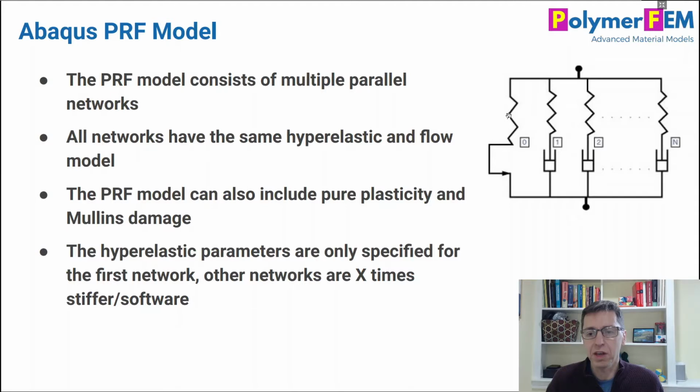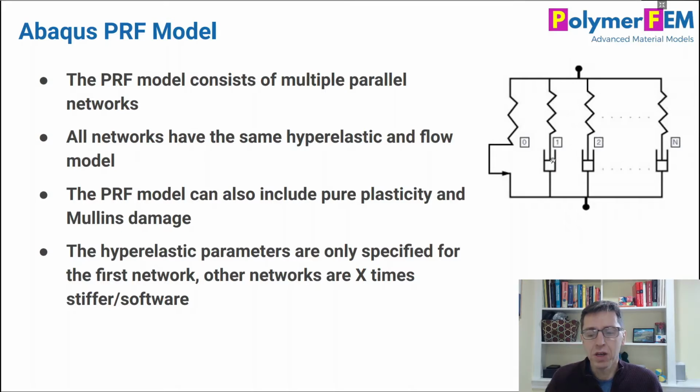So you specify at one time what type of hyperelastic network you like, and then you also specify the type of viscoelastic viscoplastic flow you like for each of these networks. And then you can specify slightly different parameters for the different networks as well.